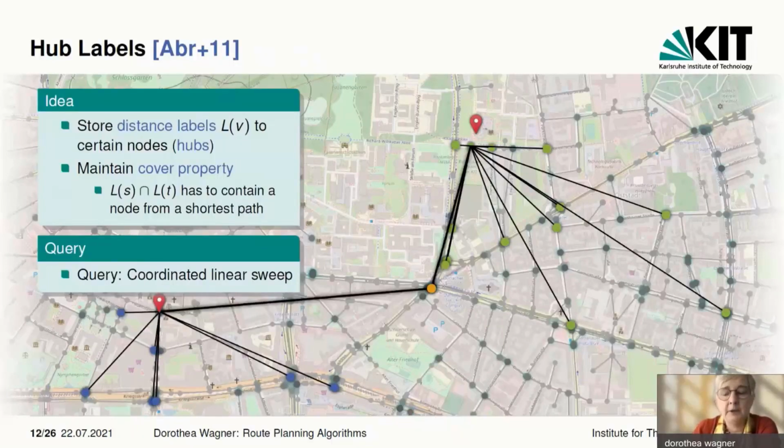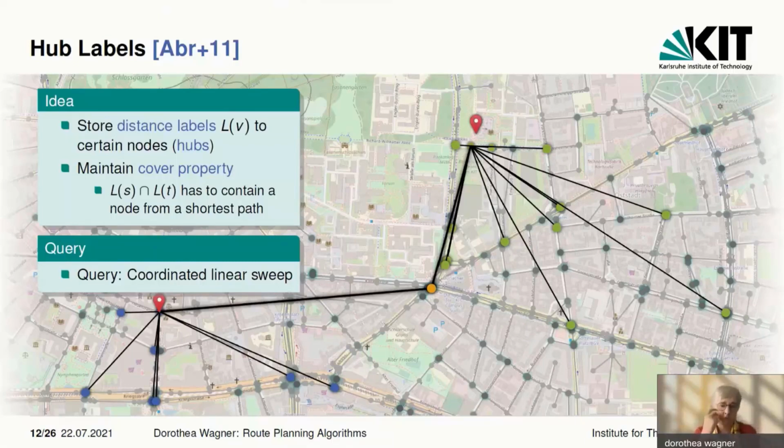I mentioned hub labels before as a technique that is very fast, but not practical. So only one word about hub labels. It's different from the techniques we will consider in more detail, because it's not directly a speed up technique for Dijkstra's algorithm.